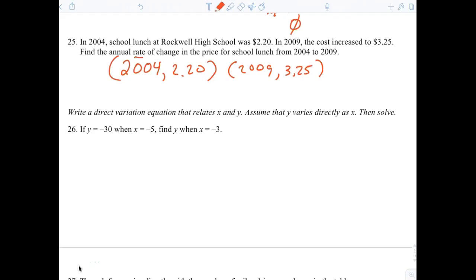Rate of change. What is rate of change? What does that mean? It's the change between the two numbers over the original? Or is it? You're thinking about percent. No. Rate of change is what? I did a very bad job this week.